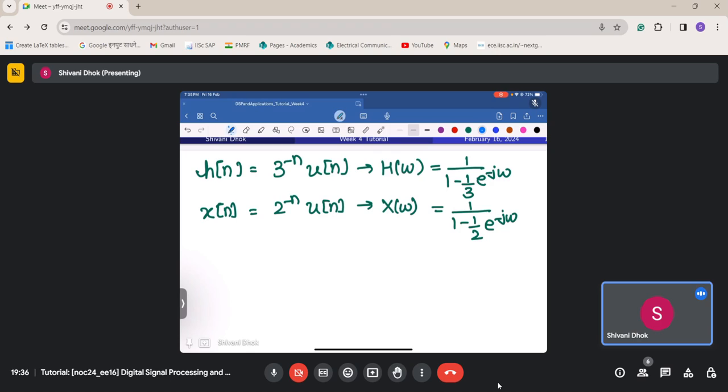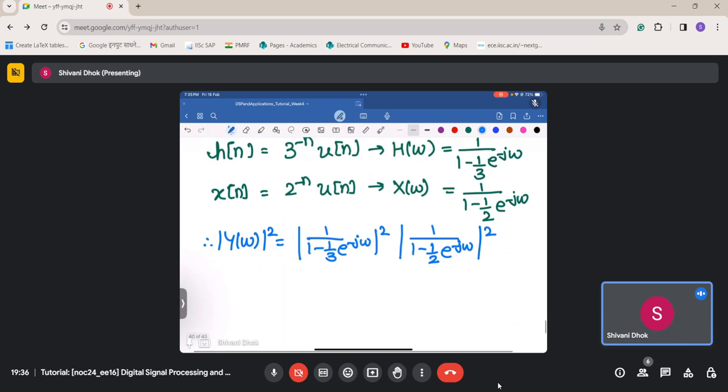So therefore, magnitude of Y(omega) squared is equal to magnitude of 1 upon 1 minus 1/3 e^(-j omega) squared multiplied by magnitude of 1 upon 1 minus 1/2 e^(-j omega) squared.